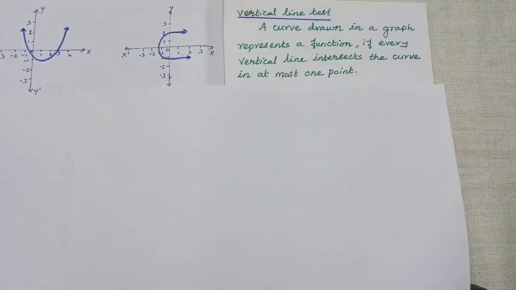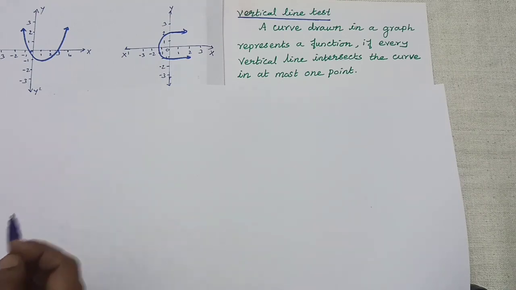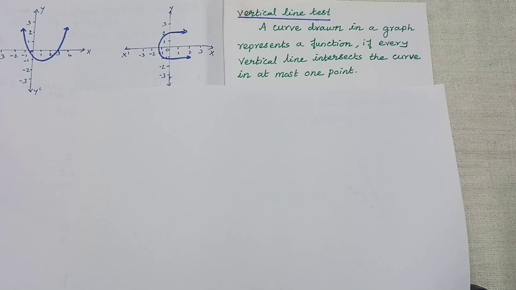Next, representation of a function. Tomorrow we have to see. Now we are going to see the vertical line test. A curve drawn in a graph represents a function if every vertical line intersects the curve in at most one point.